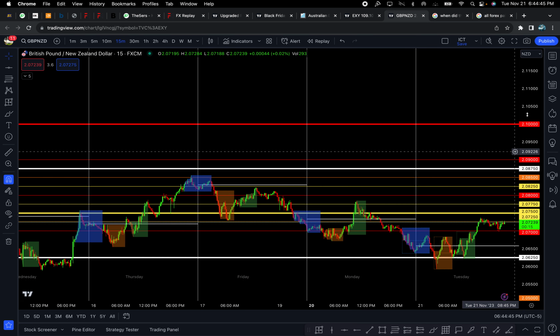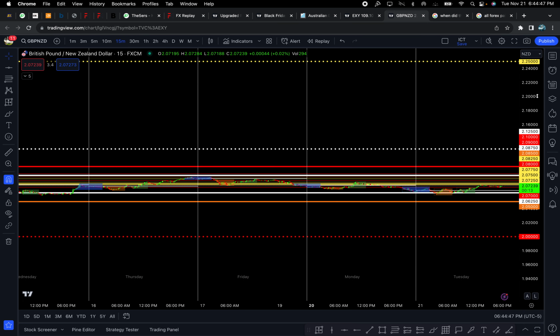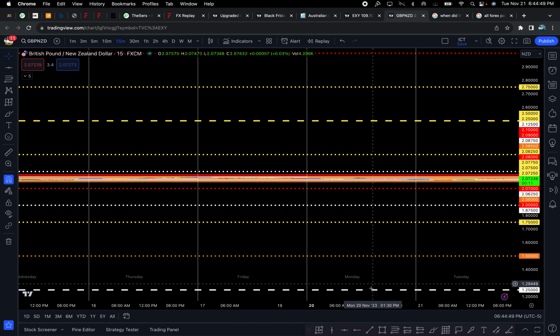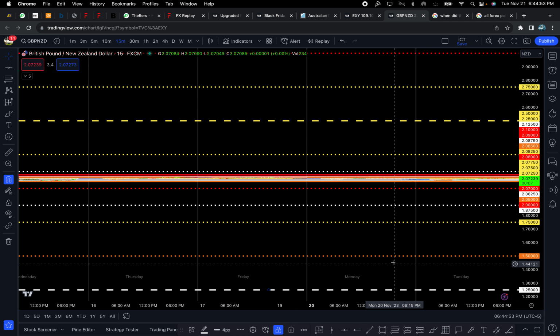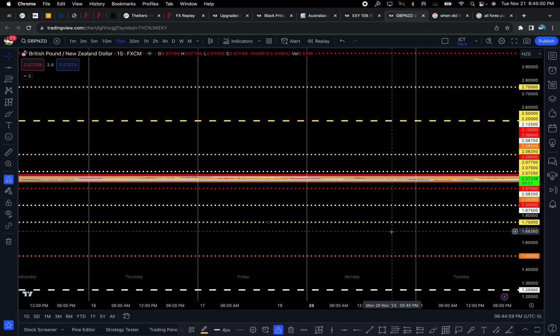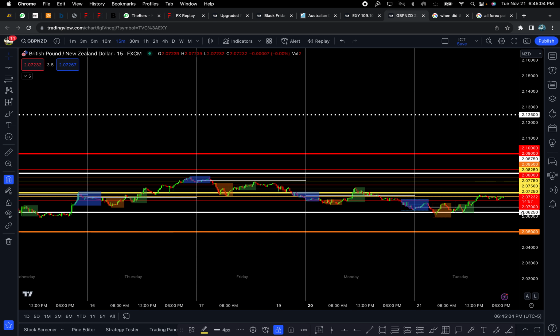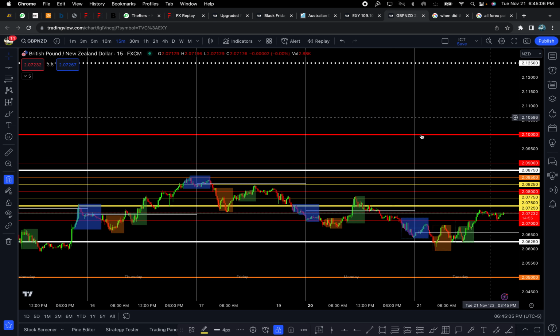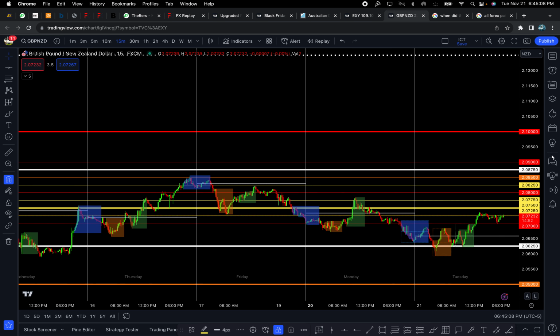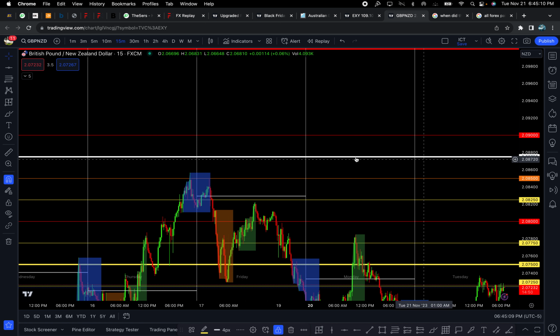The million levels are these big 4-pixel dashes. The 100,000 levels are these 4-pixel dots. The 10,000 levels are these 4-pixel lines, and the 1,000 levels are these 1-pixel lines.